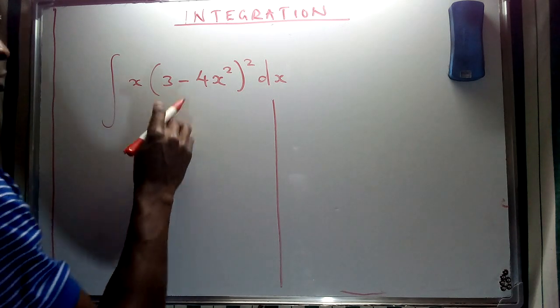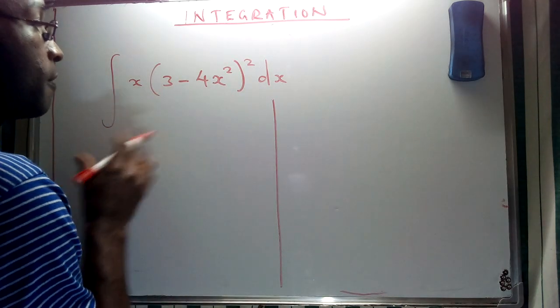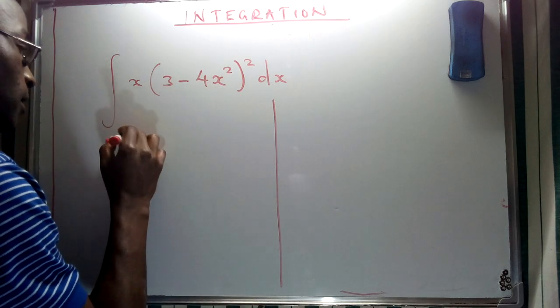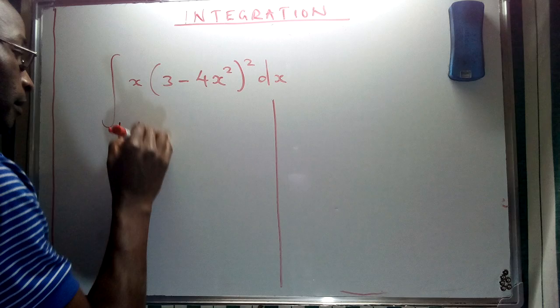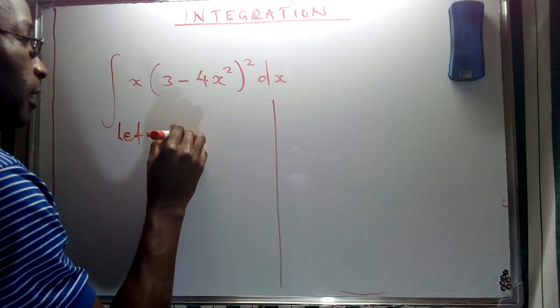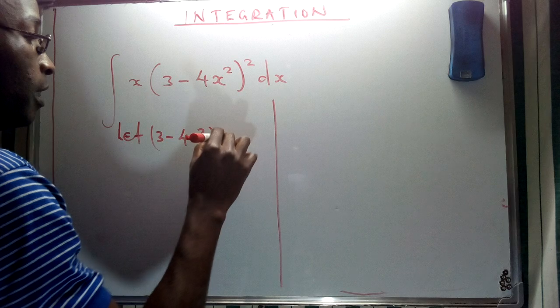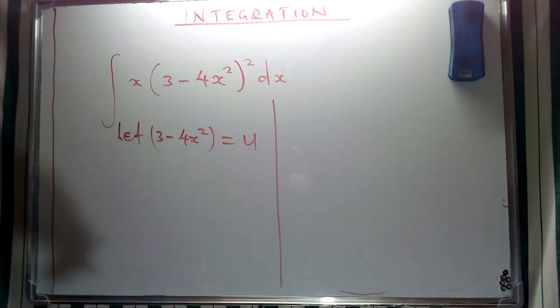So we had said that we're going to identify a part that is raised to a power. This specific part in brackets we represent by letting 4 minus x squared be u.